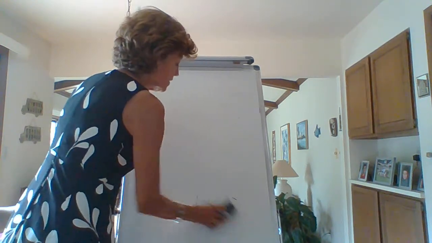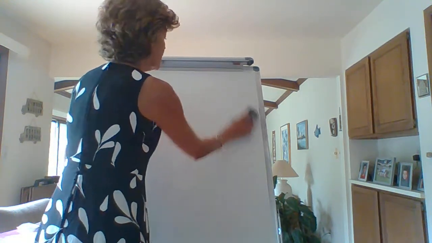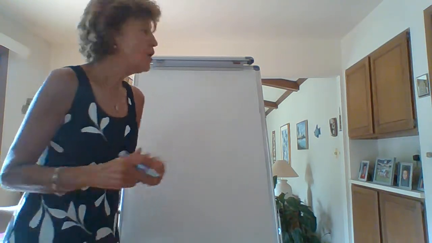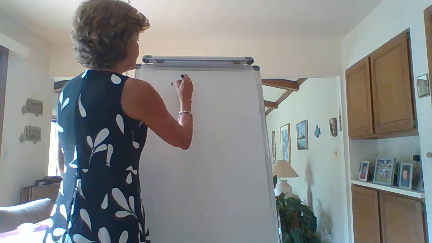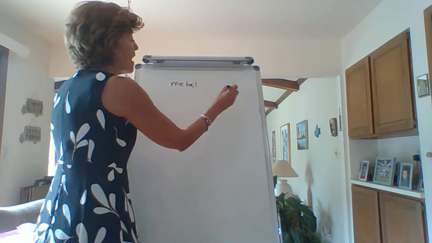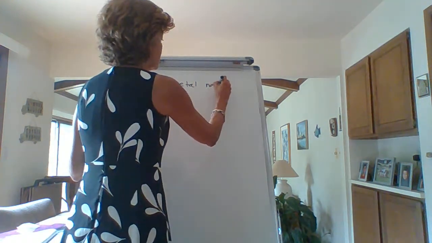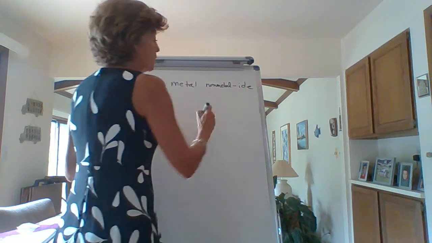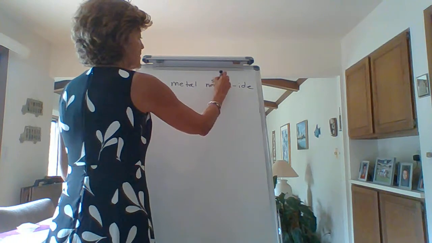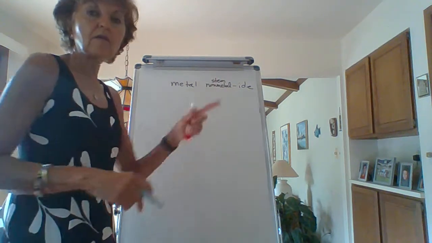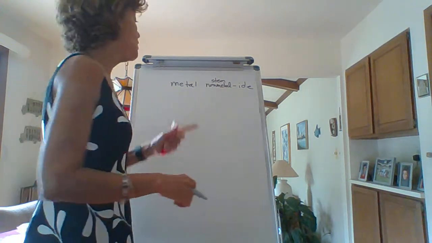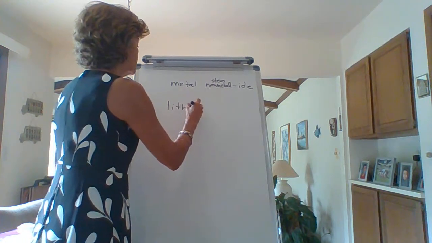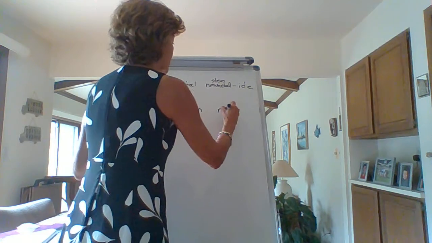If I give you the name of an ionic compound, and mind you, whenever I give you the name of an ionic compound, you always write down the full name of the metal, and then you write down the stem of the name of the non-metal, ending it with "ide." So let's say I write lithium nitride.